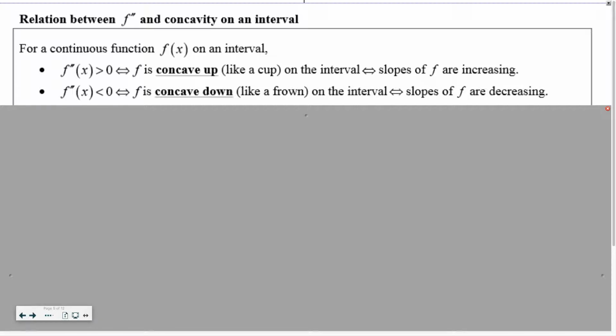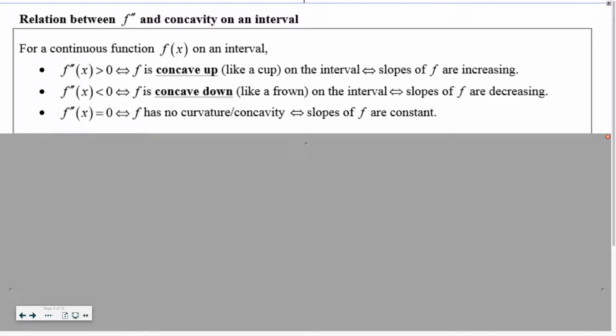Now, is it possible for a second derivative to be 0? That just means we have no curvature. There's no concavity there. If the second derivative is 0, then at that point your slopes aren't changing. We're going to talk about what it leads to in a moment.